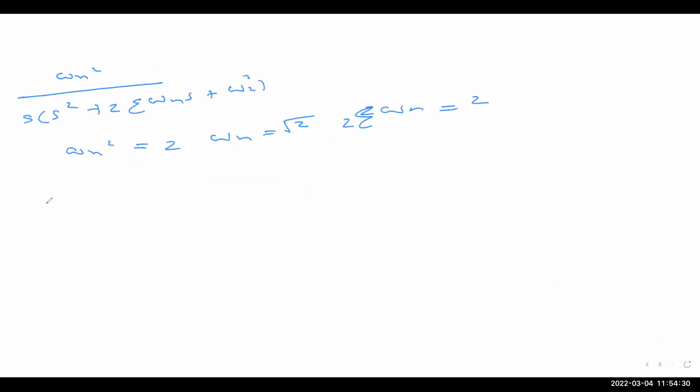So we can divide our system by 2. Then we can get 2 on top, omega n squared, 2.